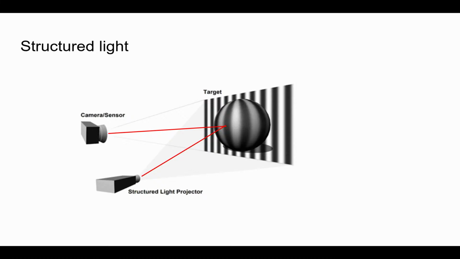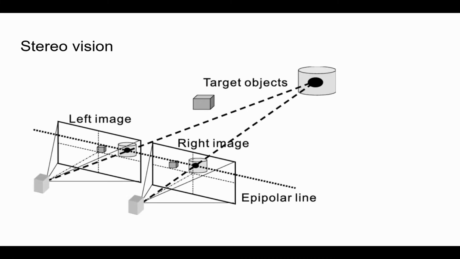Again, it could be simple math. We, as humans, use it in a slightly different way. We don't have projectors. We don't shine things in the scene. We have two eyes. So basically, we know where we see an object from one eye and the direction from the other eye. And we can also, to some extent, triangulate and tell how far things are, just thanks to our two eyes.